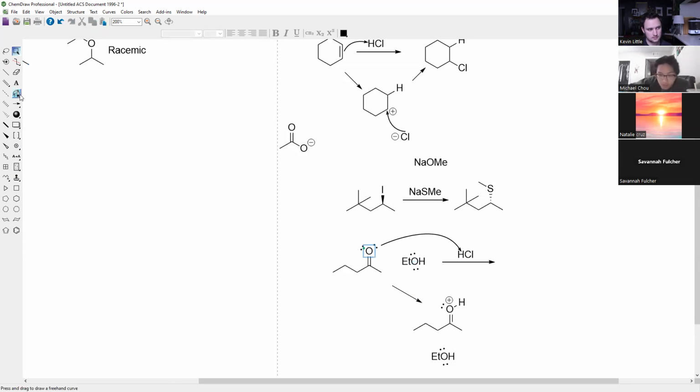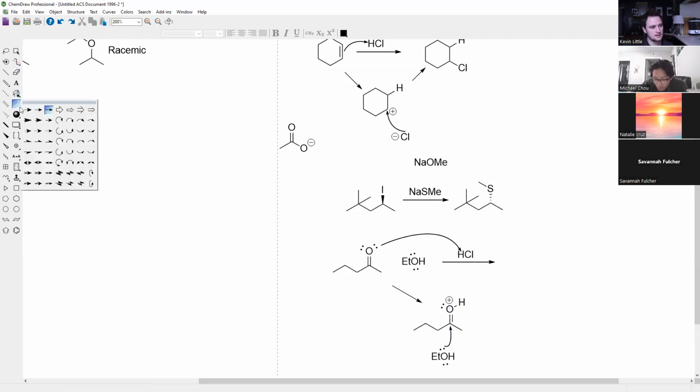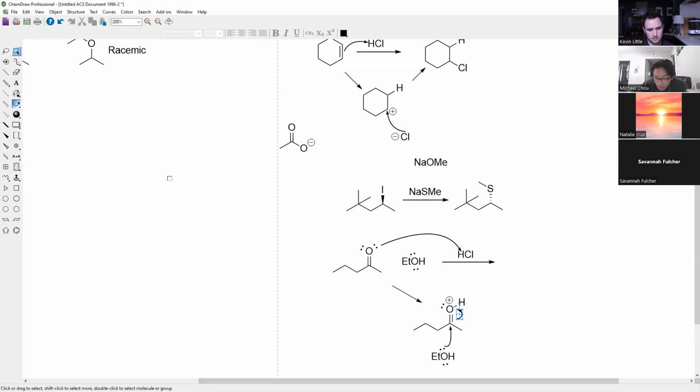So the nucleophile attacks the electrophile. Always into this carbon, never into this oxygen. I know the oxygen's got the positive charge, but we want to push the electrons up into the oxygen. So then we form our final product.